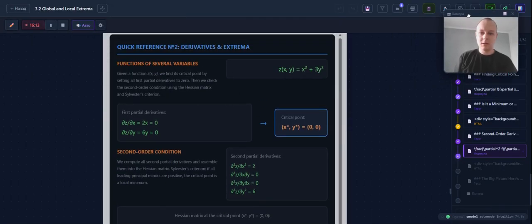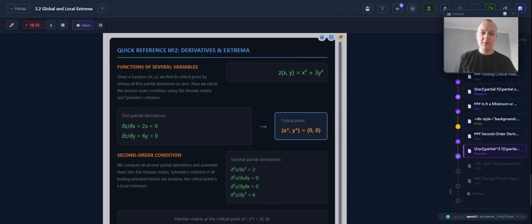Basically we found one critical point, 0 and 0, and this point is an extremum of our function, but we don't know yet if it is a minimum or maximum.